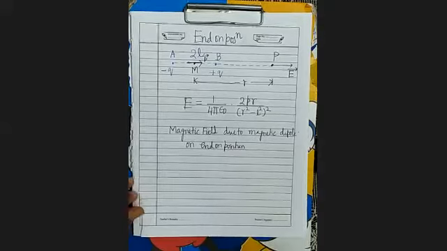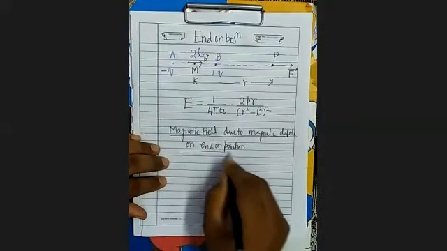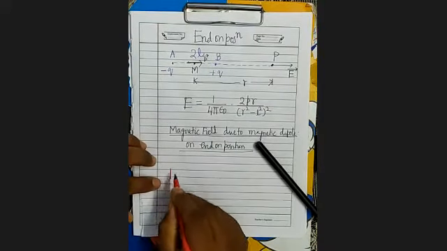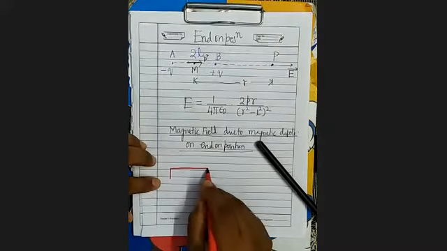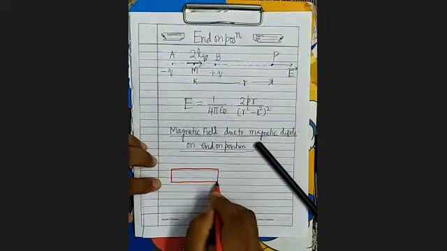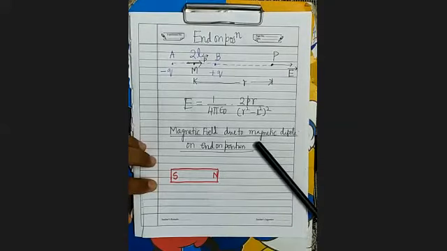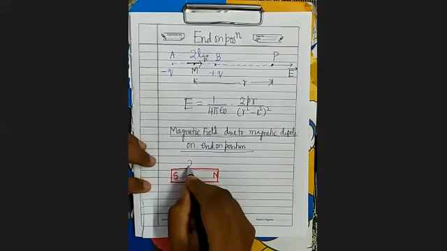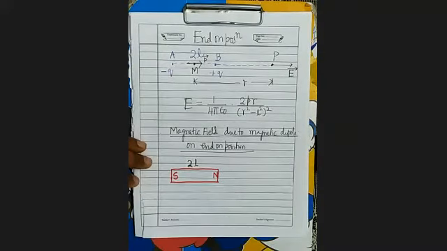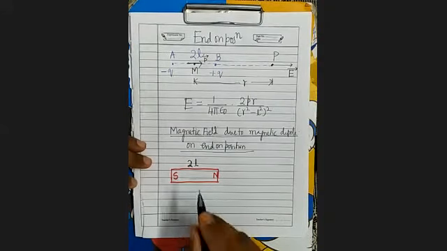See here, what the end-on position is, you know. Suppose this is the magnet. This is the south pole and this is the north pole, and its length is 2L. Here also we will represent its length by the symbol 2L, meaning from here to here the distance is 2L.